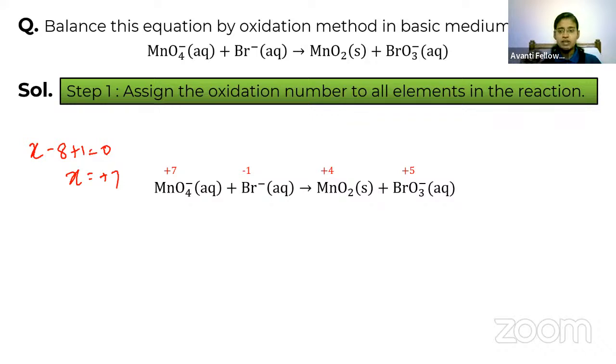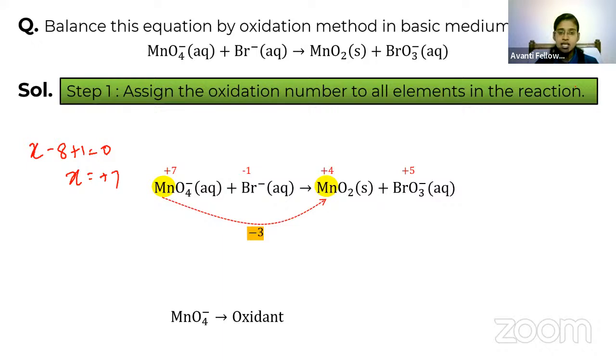Then we have to check which species has undergone oxidation and which has undergone reduction. Manganese is going from +7 to +4, which means it has gained 3 electrons. It is an electron acceptor, so it is an oxidizing agent. MnO4 minus is an oxidant.